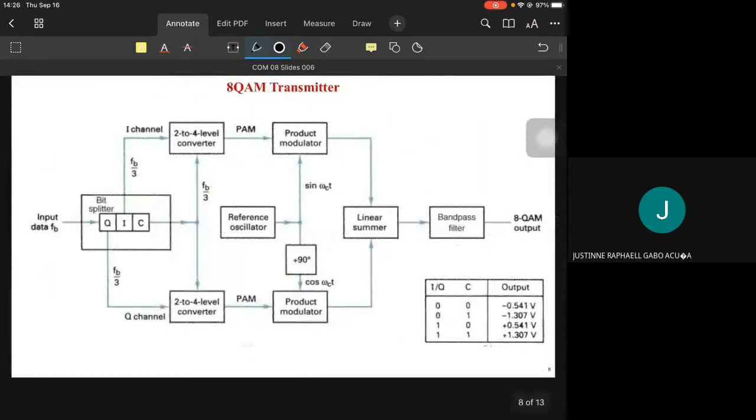So if you compare this with the transmitter of APSK, it is almost the same, right? What's the difference?